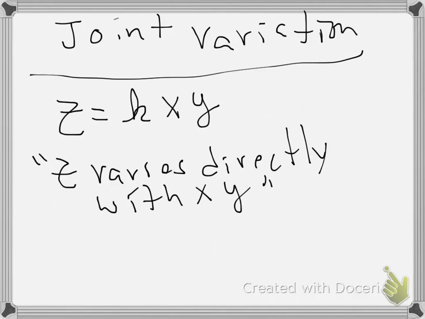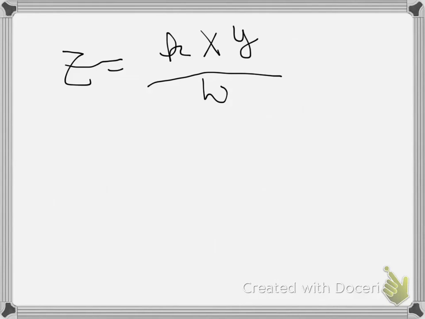We would also have something like z equals k, and again k is a constant, times xy over w.